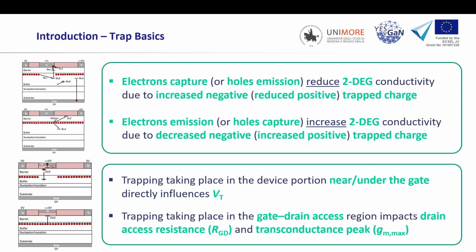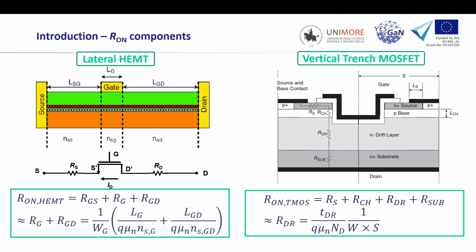In the gate-to-drain access region, which is normally the widest region in an electronic device, it will be affected in terms of the access resistance and also the transconductance. Instead, if trapping occurs below the gate or near the gate-to-source region, it will mostly influence the threshold voltage. So this is also a way to distinguish the traps that are active.